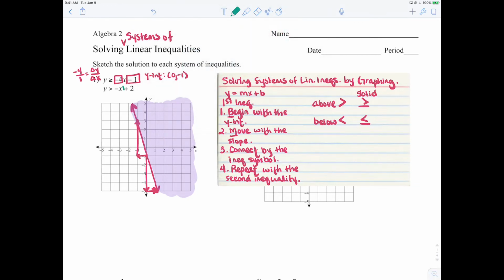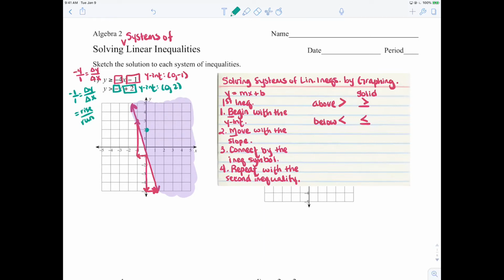We've got +2 as our y-intercept, so 0 and 2, and then I have a -1 here, so that's going to be -1 over 1. That's the change in y over the change in x, which is also rise over run.